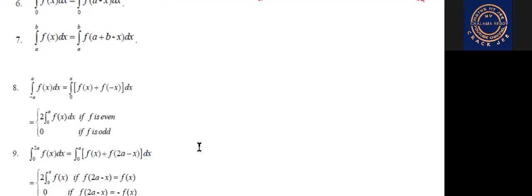How to find whether the given function is even or odd? This is the procedure: just in place of x, replace minus x. If f of minus x equals f of x, we will say that it is an even function.